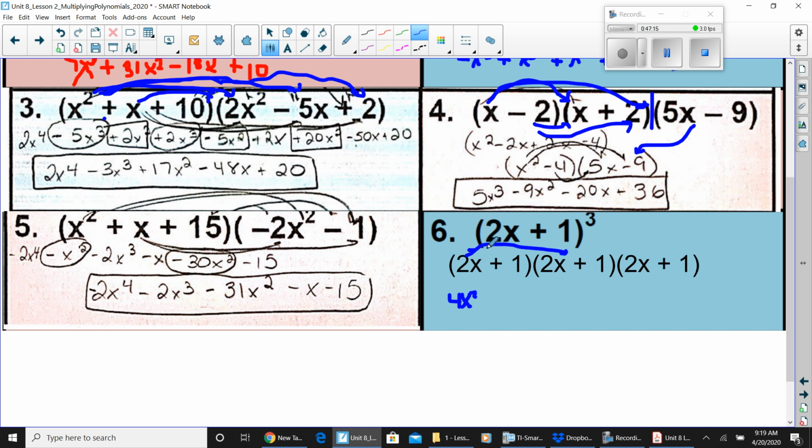Then you multiply the 2x times the 1, and that is plus 2x. And then you do 1 times 2x, and that's also 2x. And you do 1 times 1, which is 1.